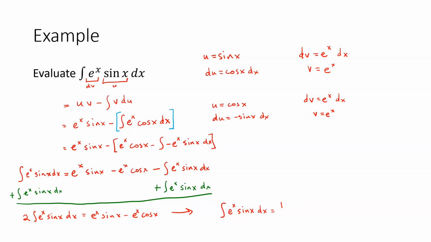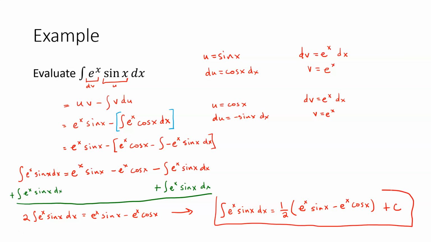So we'll multiply by a half. So 1/2 times e to the x sine x minus e to the x cosine x, plus c. There we have it.